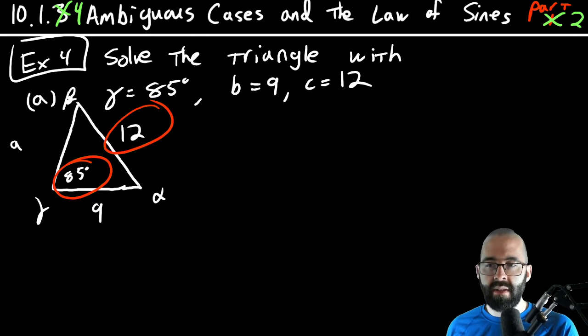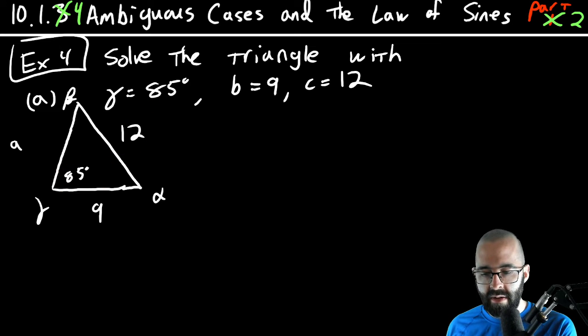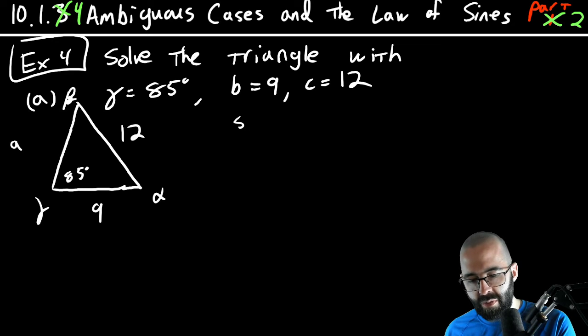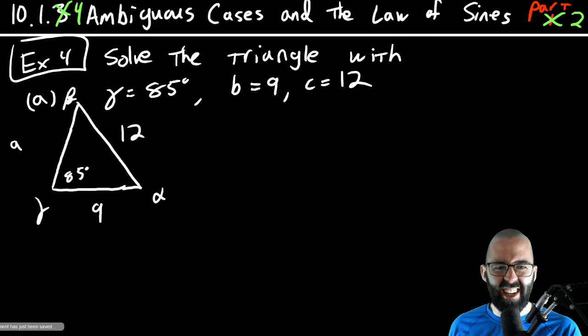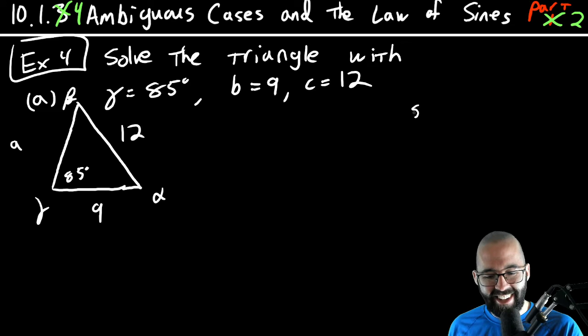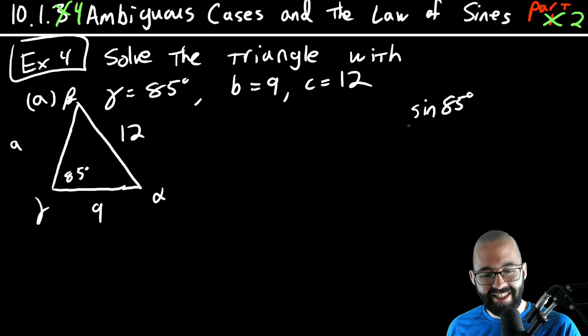Pick an angle and its opposite side pair that we know. I'm going to say the sine of 85 degrees divided by its opposite side length, 12, equals the sine of beta divided by 9.